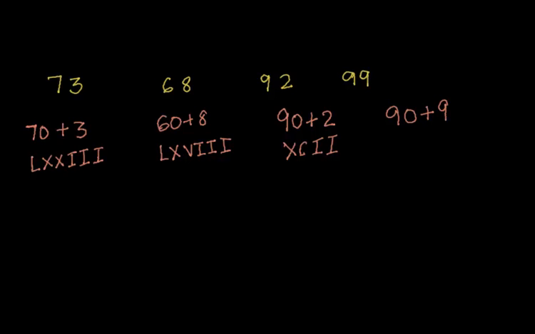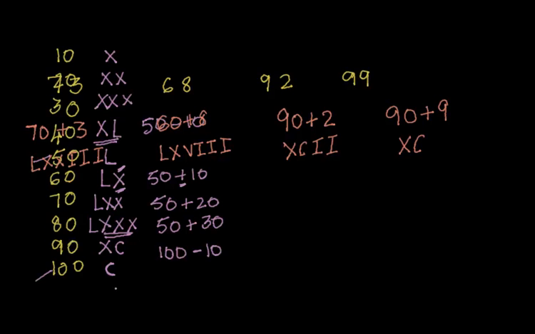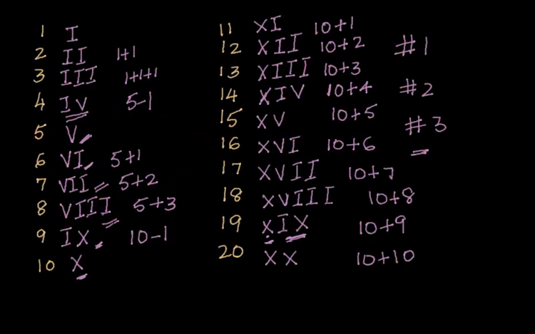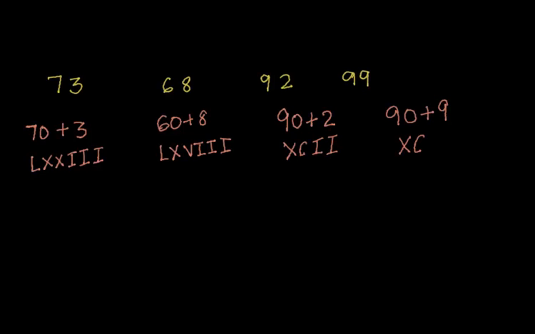So we just wrote 90 as XC. And then we know how to write 9. 9 is written as IX. So we write as IX.